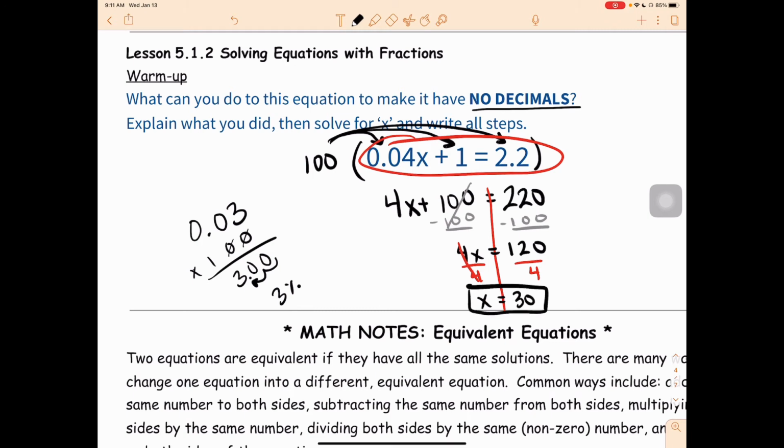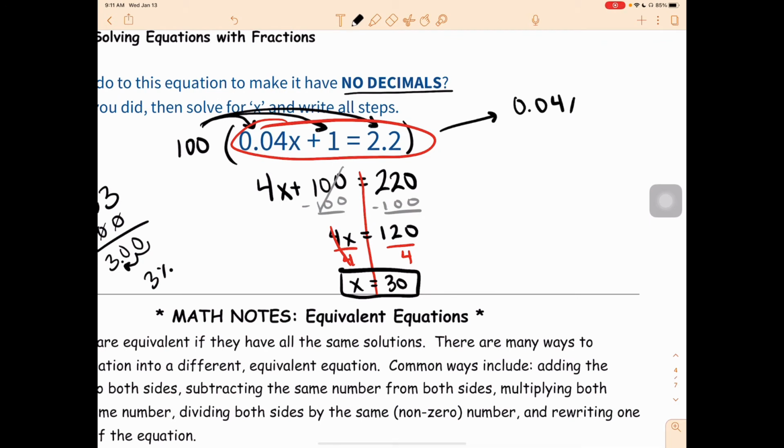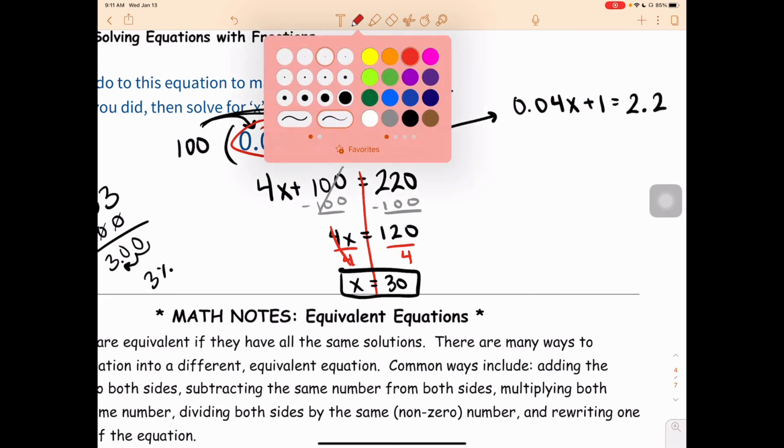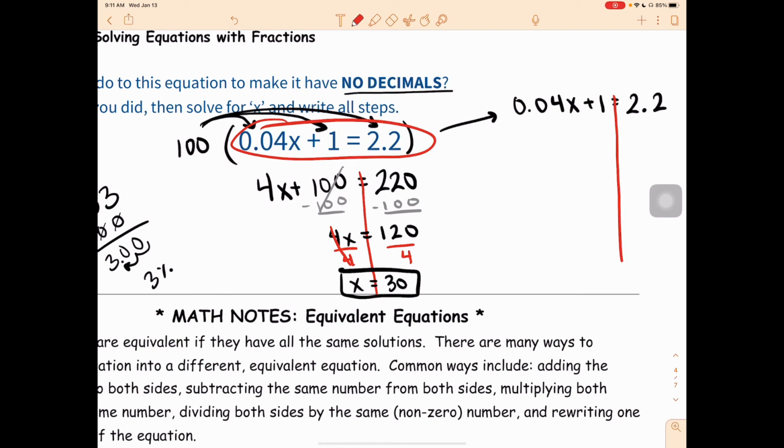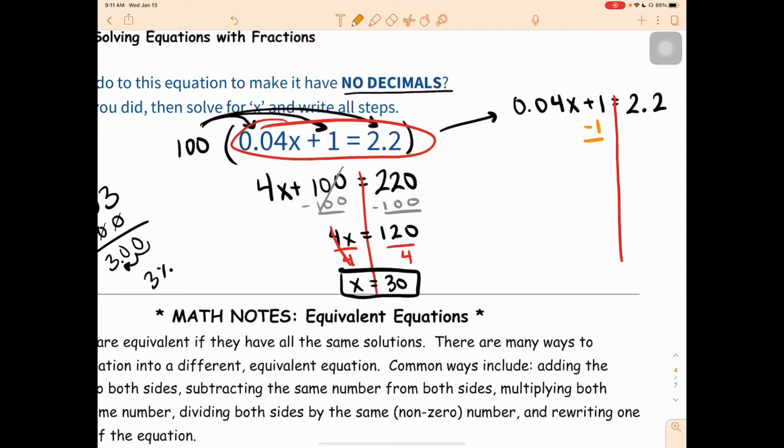I'm going to show you that we would still get the same x value even if we left it written as decimals. 0.04x plus 1 equals 2.2. All right, so let's see what this looks like. So here, I'm going to subtract 1 from both sides. It's like 1.0, basically.